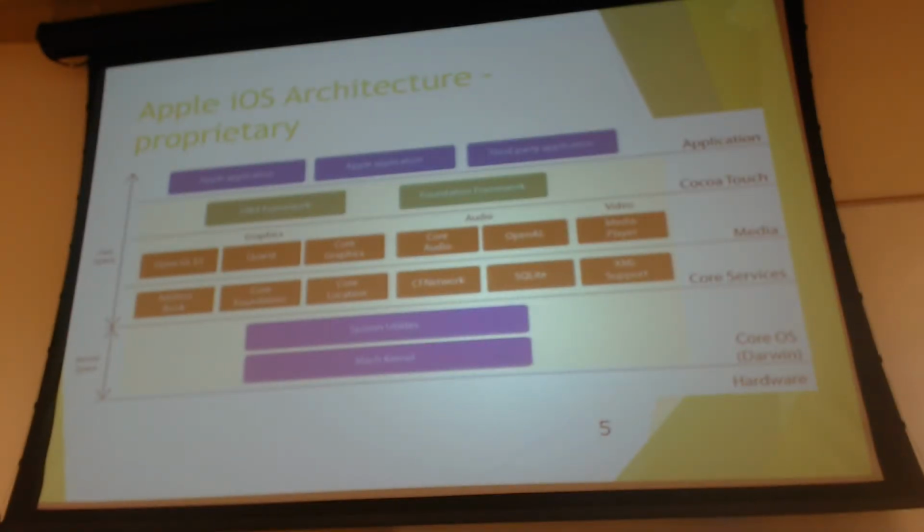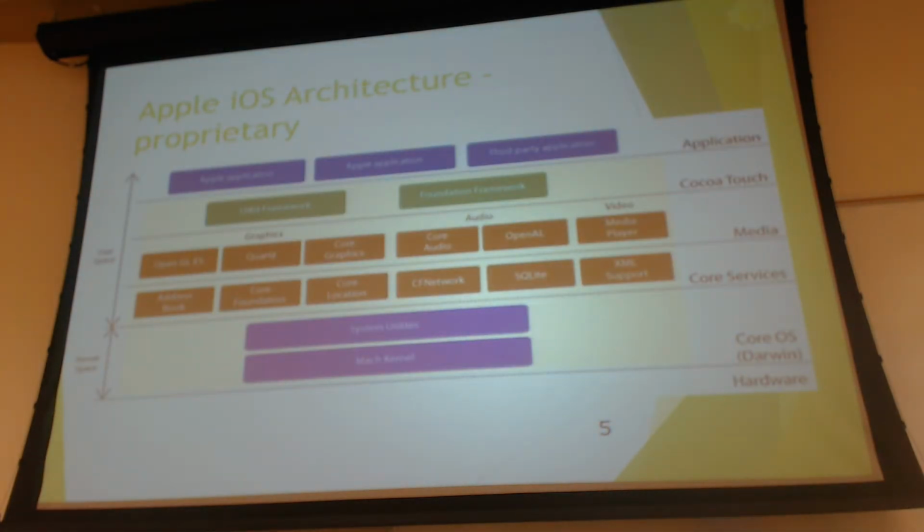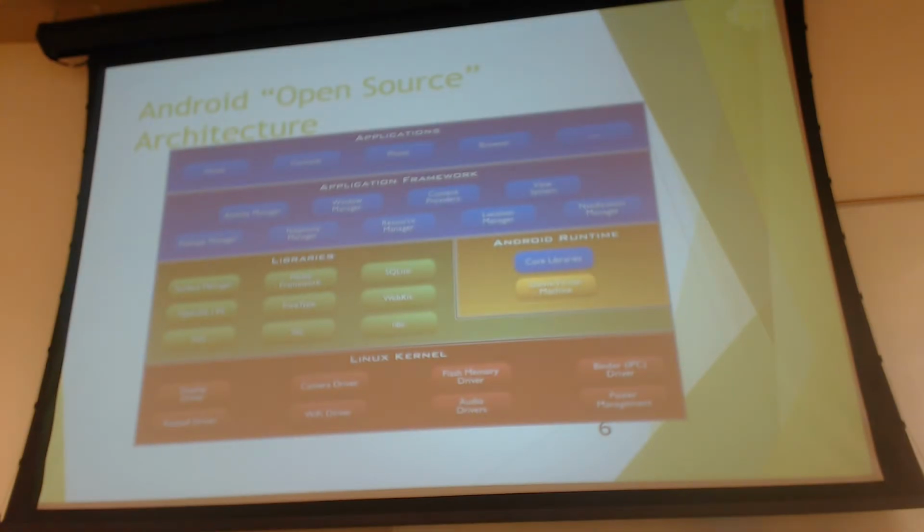But what we'll talk about is Android, and if you see, the structure is similar to the point of being exactly the same. Right? But let's talk about Android. This is a multi-layer structure that all the smartphone operating systems as well as programming interfaces use. Right? So at the very base, let's go from the bottom up.